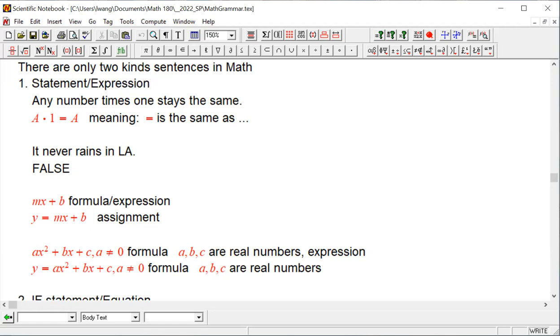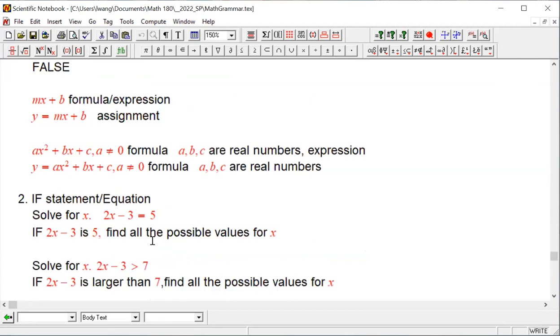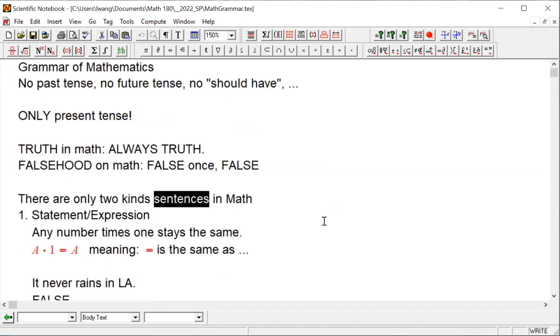So you must have learned this before. There are only two kinds of sentences in mathematics. When we look at these mathematical expressions and equations, they fall into either a statement or an if statement. There's no other form. So this is the introduction to grammar in mathematics.